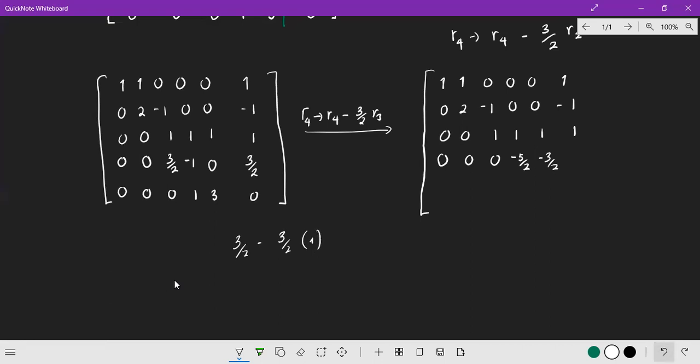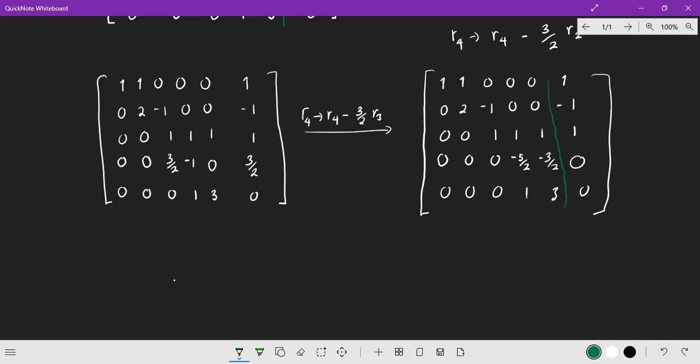So this just becomes equal to 0. And then finally, this one here, we said we're not changing this, just to be the same: 1, 3, 0. Of course, I have to separate this, right? So sorry for this. This has to be separated there.